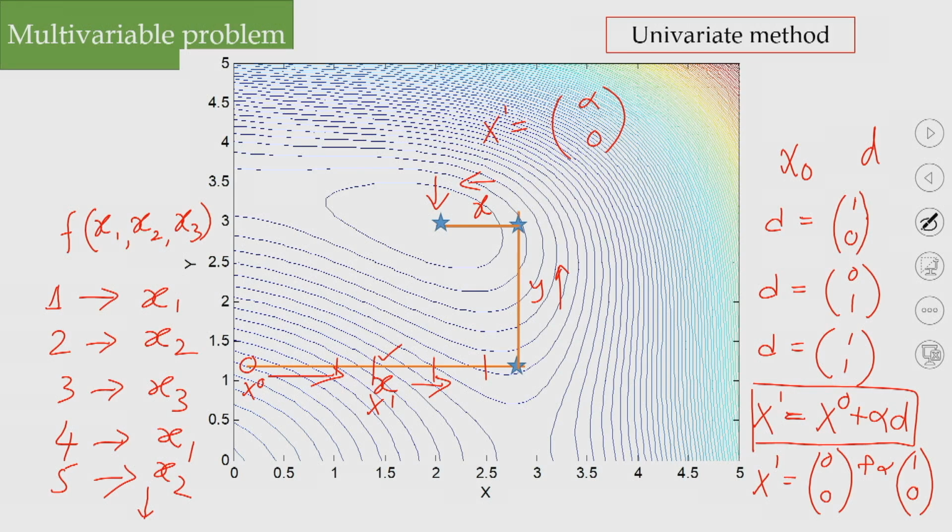Now, if I put this particular x 1 in the original function, the function becomes a single variable function. That means I can express the function in terms of alpha, so the problem will be a single variable problem. Let me explain this. I will solve one problem, then I will explain how this algorithm will work.